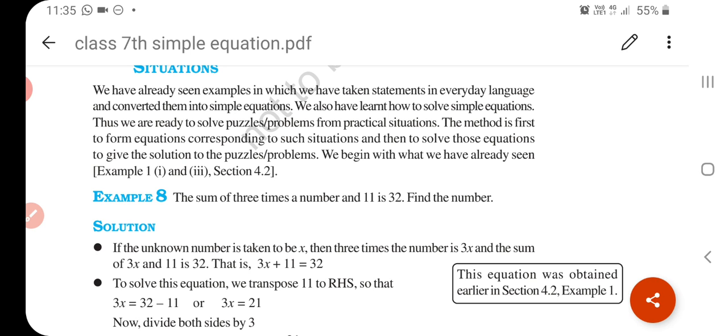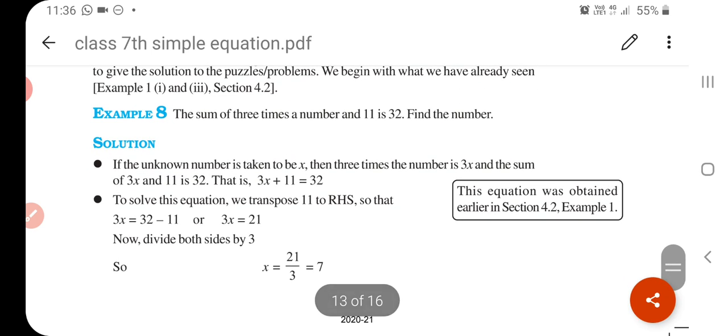Let's see one example. The sum of 3 times a number and 11 is 32. Find the number. If the unknown number is taken to be x, suppose the unknown number is x.